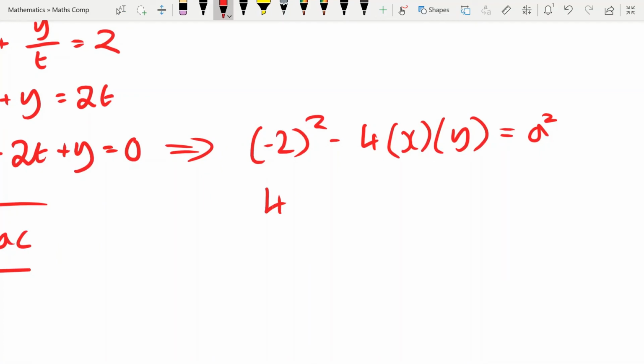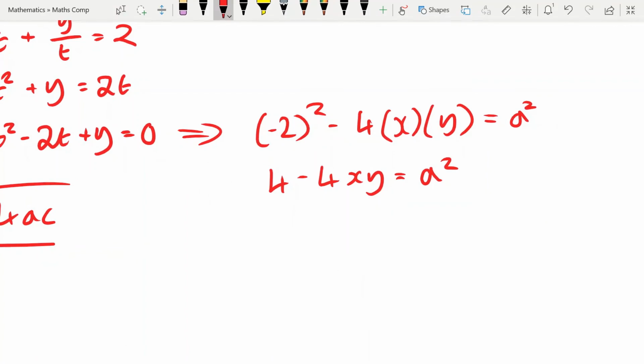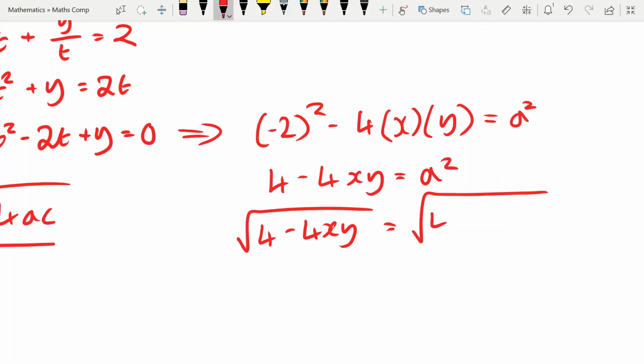So 4 minus 4xy equals a squared. If we square root both sides, we're just going to get the square root of 4 minus 4xy. You can factor out a 4, so it becomes 4 times 1 minus xy.